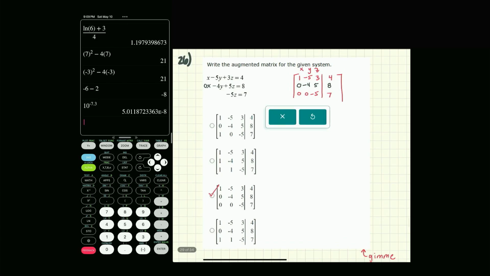Okay, again, read these very carefully. They just want you to rewrite the equations in matrix form. We're not solving anything, just rewriting. And then, of course, be really careful when you're searching through your answer choices because some of them get real close to being correct, but they're just one number off.